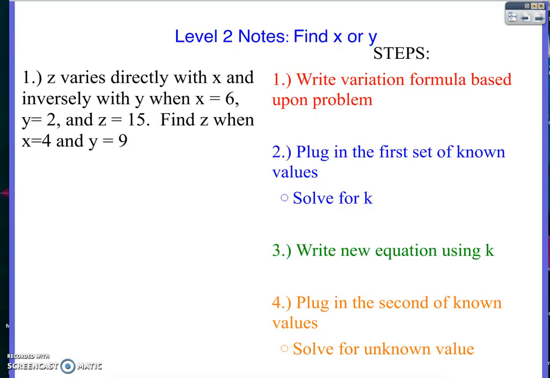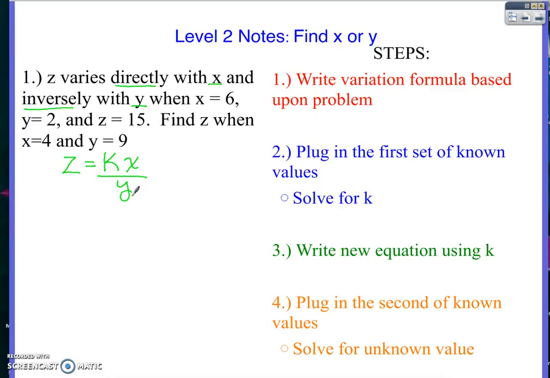So because we have directly with x and inversely with y, this is a combined variation. So my formula would be z equals, directly with x means I'm multiplying, so I have k times x, and inversely with y means I'm dividing by y. Notice I only have one k.